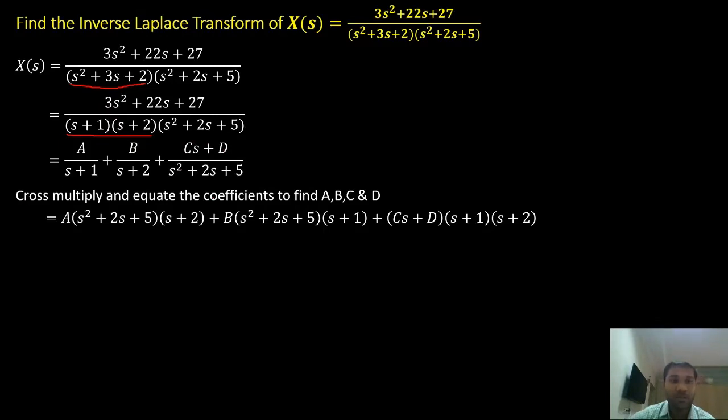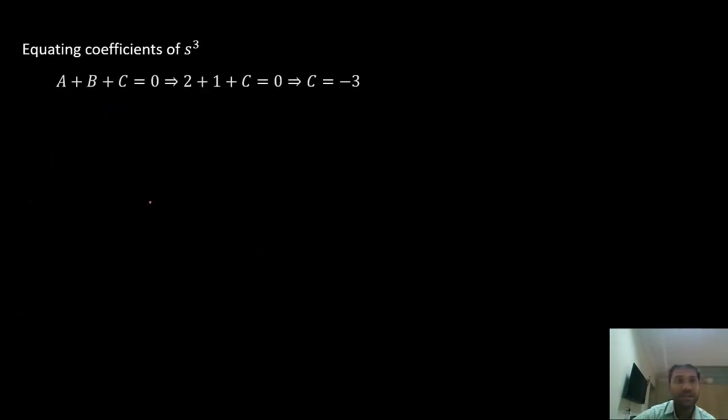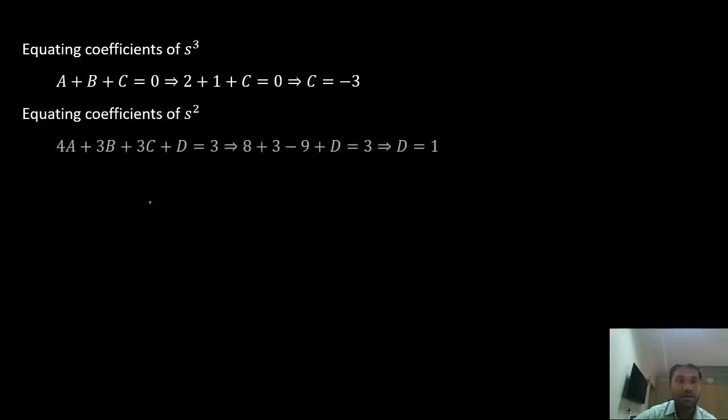Now if I cross multiply and equate the coefficients, what I'm going to do is I'm going to take the LCM here and equate this numerator to this numerator, and I'll equate the coefficients of s square, s, and constants to find the values of a, b, c, and d, right?